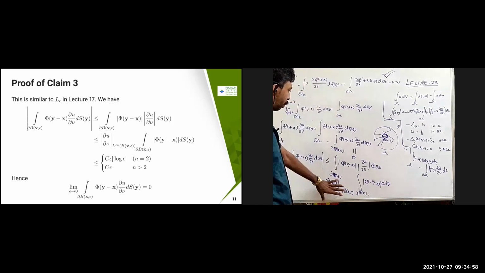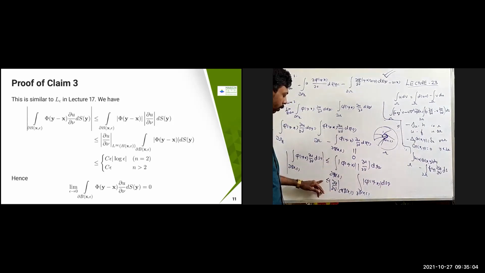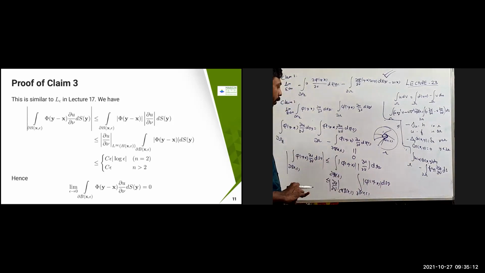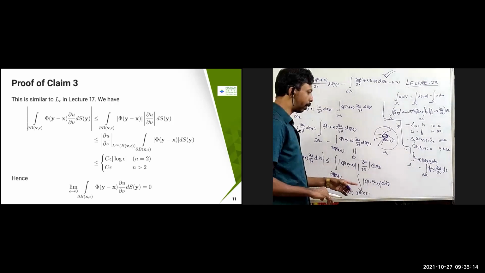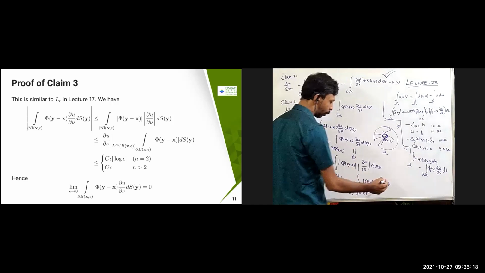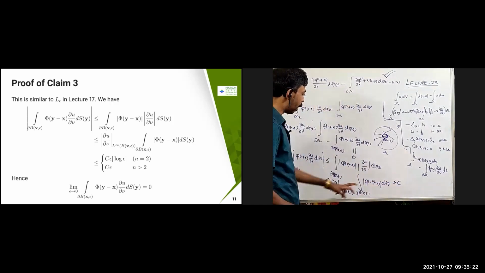Because this is the maximum we can get from the L infinity, I am just going to take it out. This is going to be the dominating term. Now the fundamental solution definition we know, so if I apply that here, this is going to be some bounded number, which I am going to write as some c.